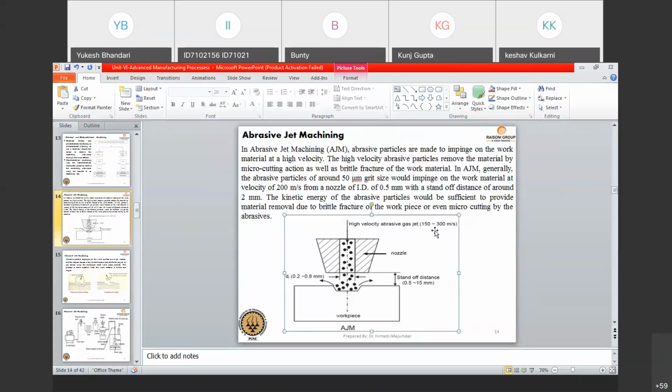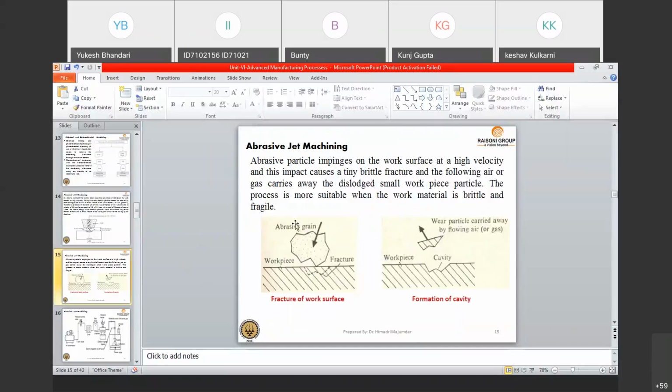So these are the different process parameters. In a single slide we have nicely discussed the different phenomena, the working principle, as well as the process parameters. Now we will see how material is removed by the action of the abrasive.